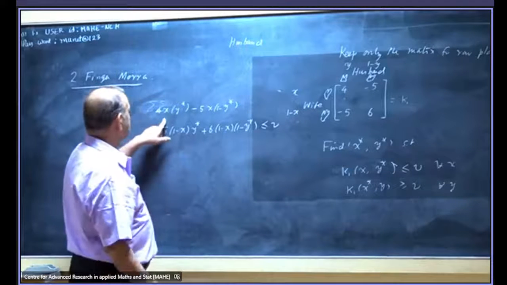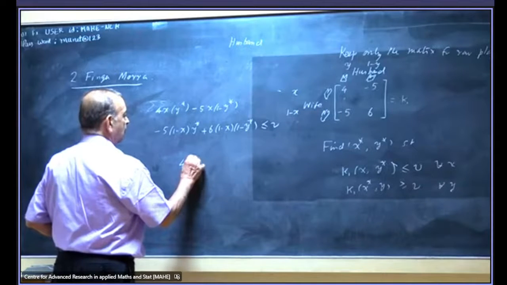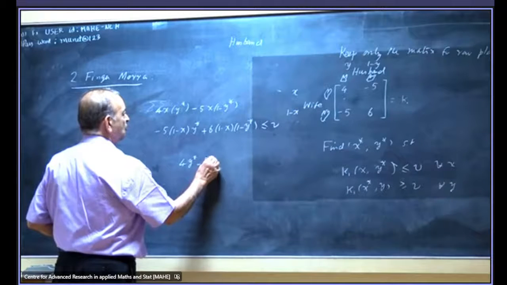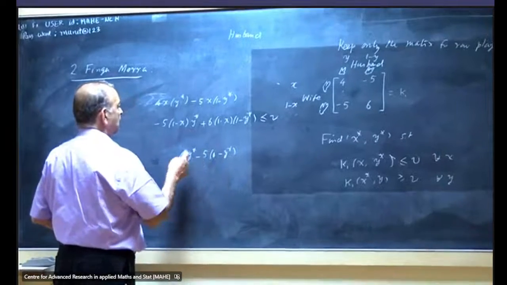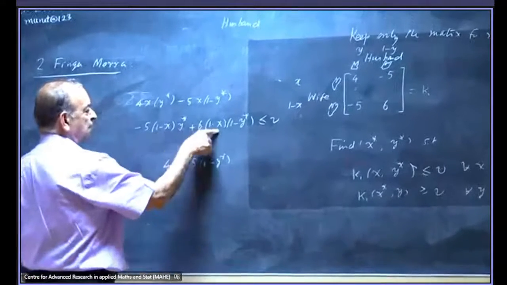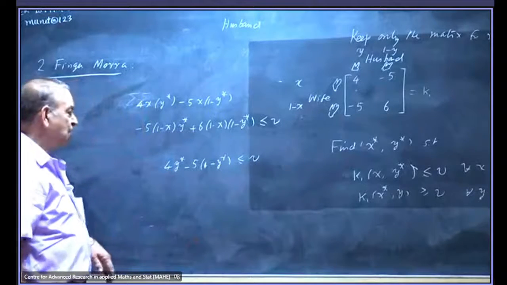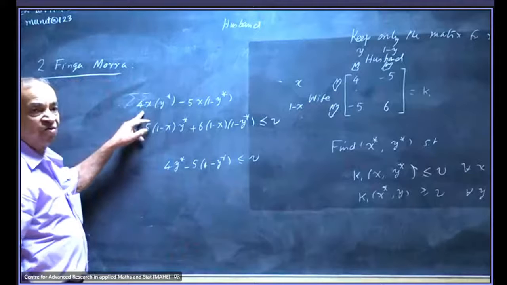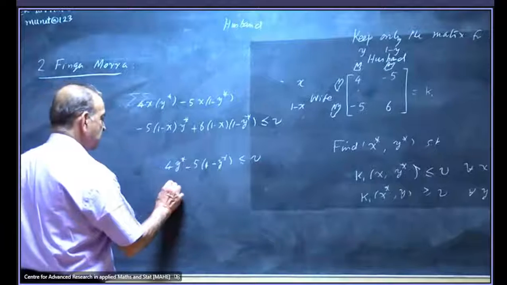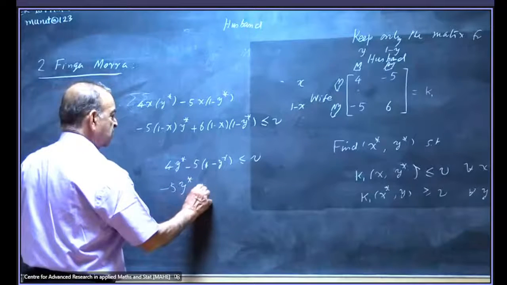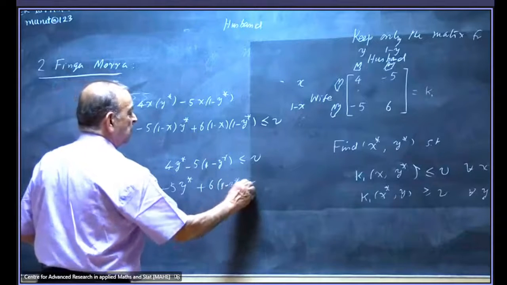If you put x equals 1, what do I get? 4y star minus 5 times 1 minus y star. When I put x equals 1, this dies, this also dies. So this must be less than or equal to b. I can put x equals 0, these two die, this gives you minus 5y star plus 6 times 1 minus y star must be less than or equal to b.